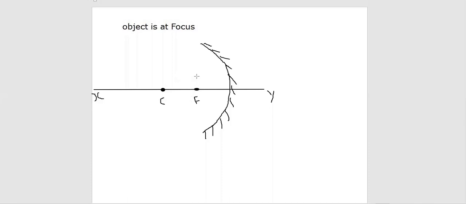An object should stand at focus. This is an object, and that object is standing at focus. O indicates object. So suppose consider a ray of light is there. Just a second.